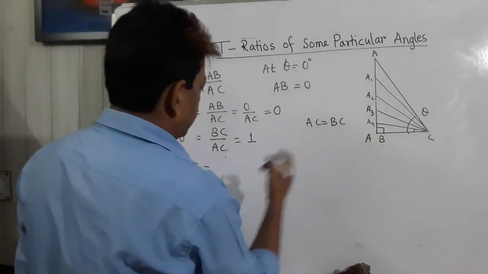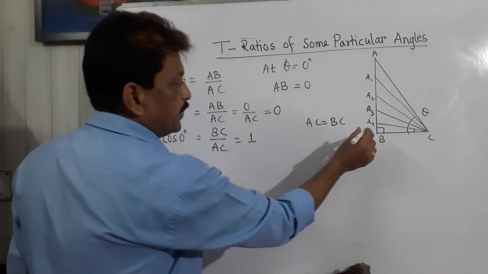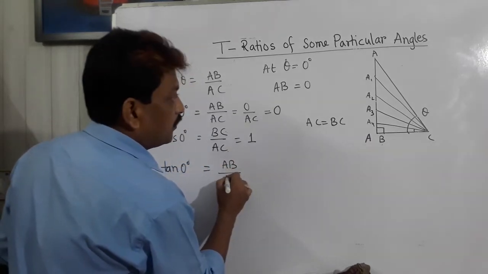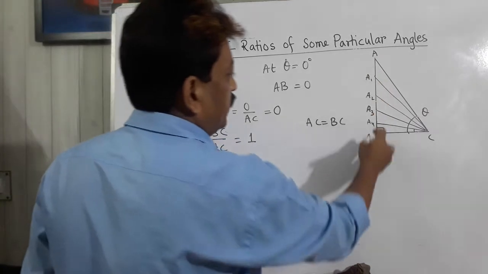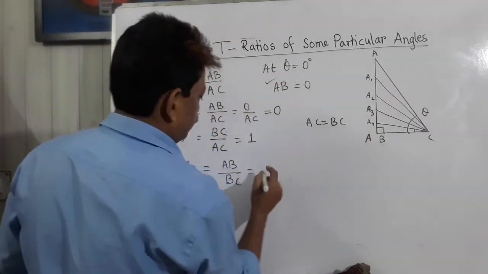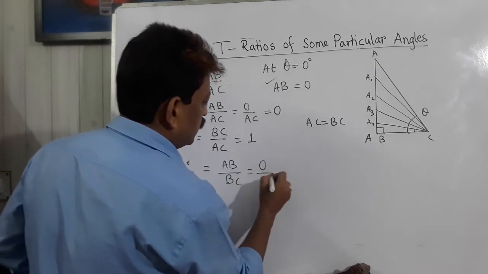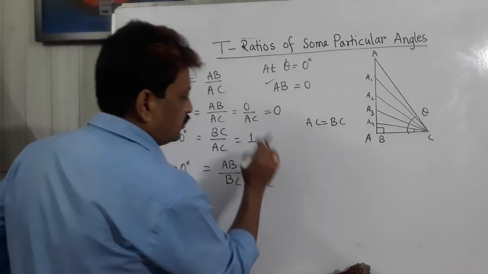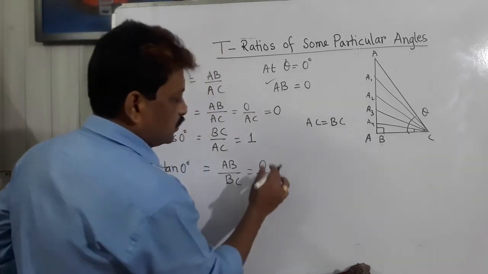Tan 0, again same thing here. Tan means perpendicular by base. Perpendicular is AB, which is now equal to 0, and BC is the base. So 0 upon any value, whatever is the value of BC, but the numerator is 0, so 0 upon any value is 0.